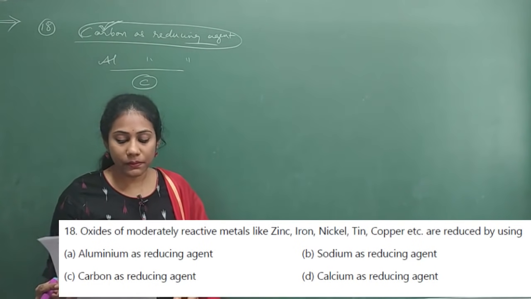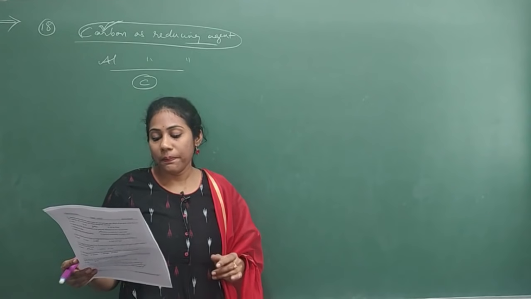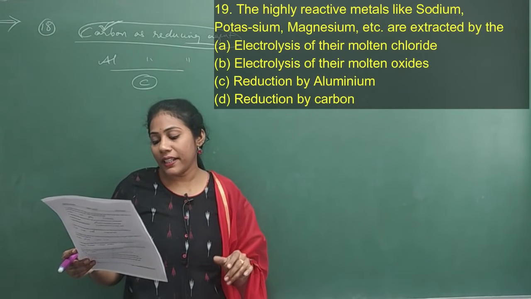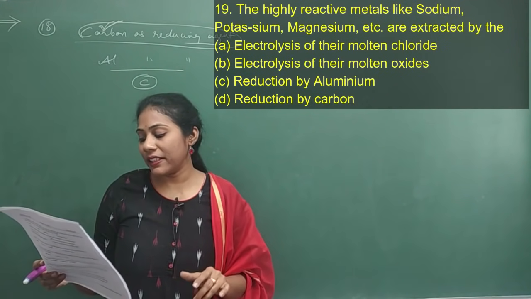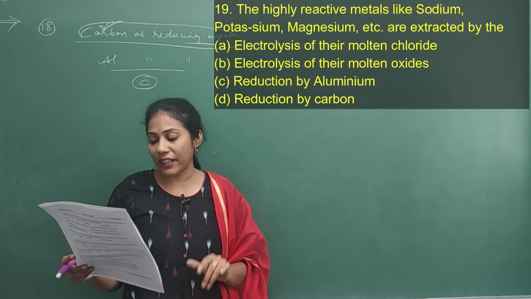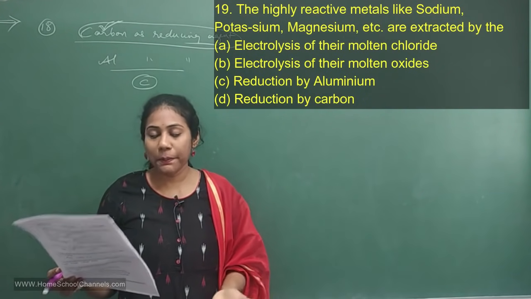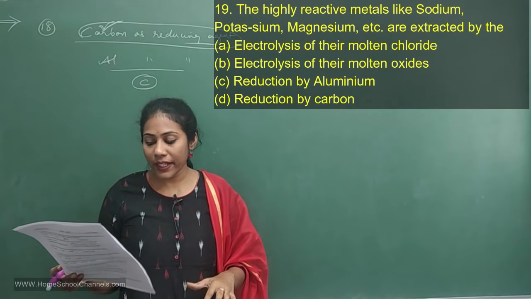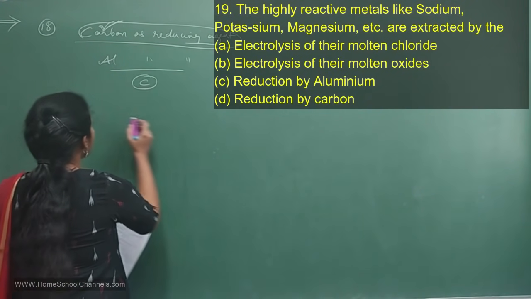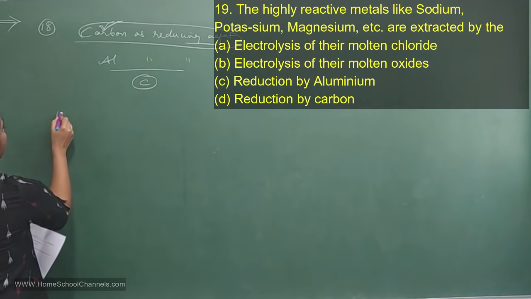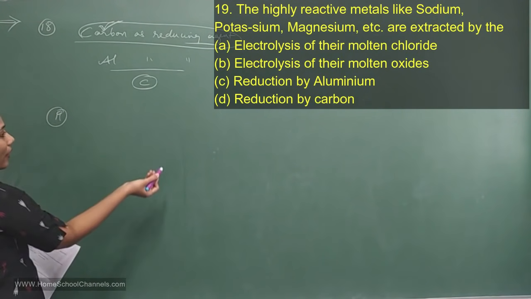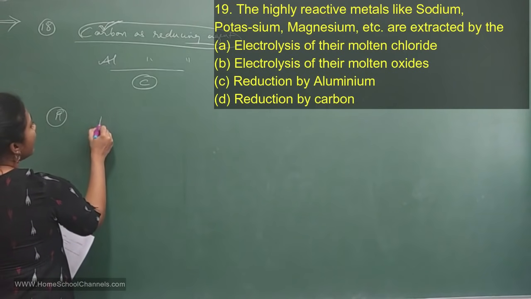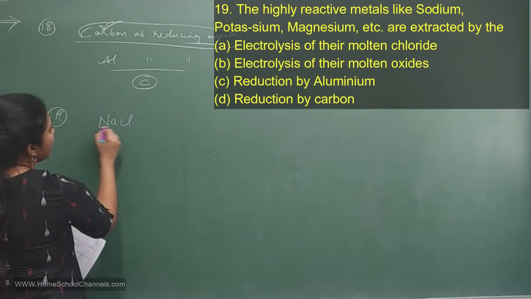Okay, fine. 19th question. The highly reactive metals like sodium, potassium, magnesium, etc. are extracted by, read out the options. Electrolysis of their molten chloride, yes or no? So we studied in our syllabus, sodium was extracted from NaCl, right?